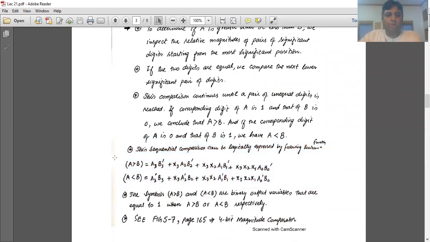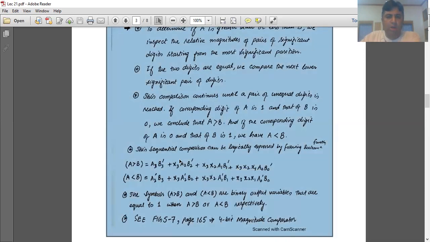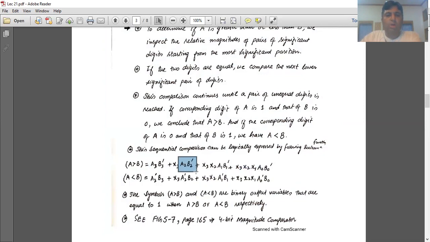These are the two Boolean functions, or algorithm, for A greater than B. If A is greater than B, then it means A3 is 1, B3 is 0, or if this condition is not true, then X3, which means they are equal, or if A3 and B3 are equal, then A2 is 1, B2 is 0. Or if that is not possible, then there is a possibility that A2 and B2 are also equal. Then you do X3, X2.